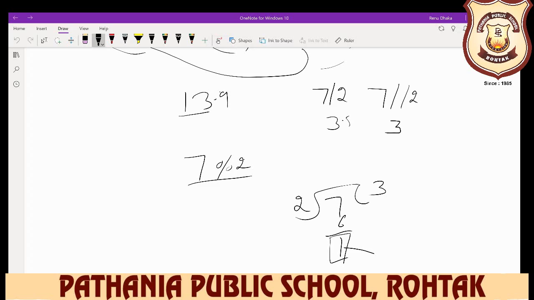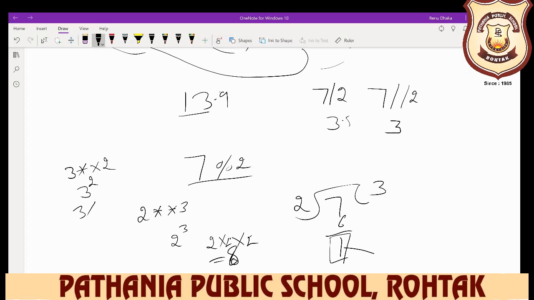Exponential operator means, for example, 2 double multiply 3. So it means 2 raised to power 3. So here you see 2 multiply 2 multiply 2, so its answer is 2 times 2 is 4, 4 times 2 is 8. For example, 3 double multiply 2 means 3 raised to power 2.